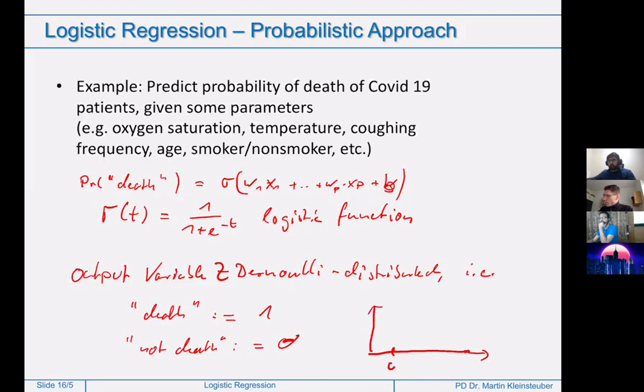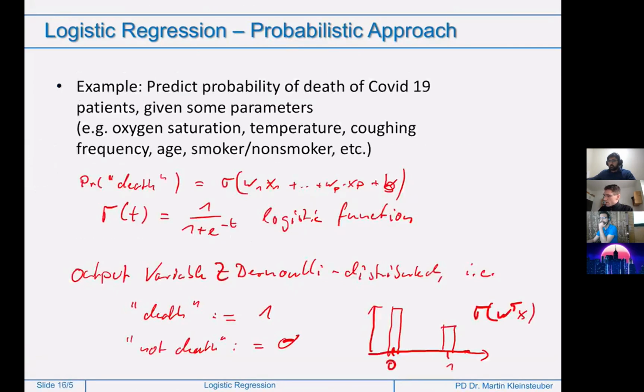You have the 0 here, and you have the 1 here, and you have the probability for 0, and you have the probability for 1, and this here is sigma of W transpose times X, and this here is 1 minus sigma of W transpose times X, right? So this is how you can approach that.